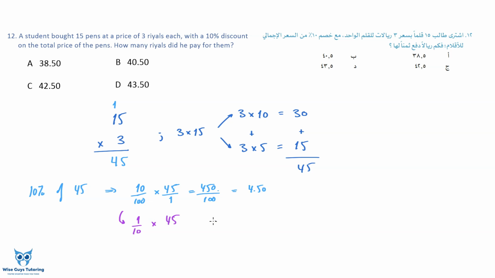And 1/10 of 45 basically just means divide it by 10. And we know how to divide by 10 very well. Instead of moving it twice, you only have to move it one time. This would just be 4.5. And of course, we put a 0 because when you're dealing with money, you always go to the penny. So if you want to remember this shortcut, 10%, you just divide your number by 10. That gives you 10% of your value.